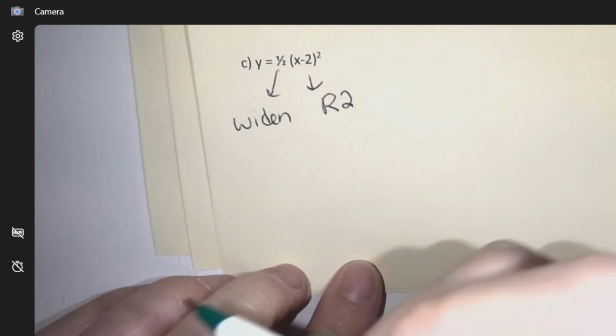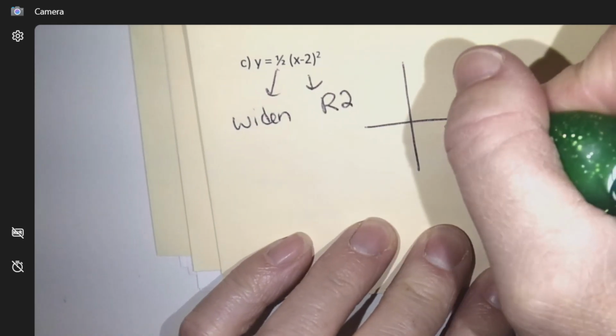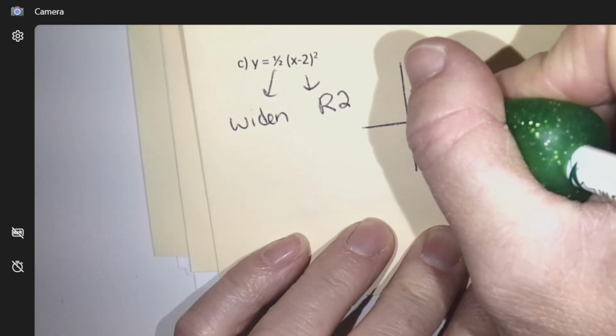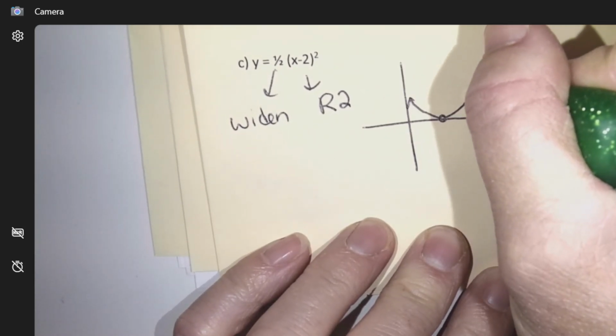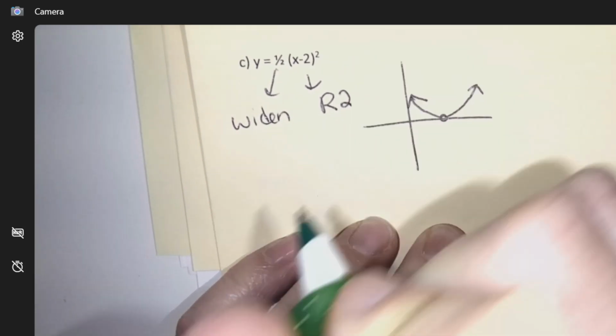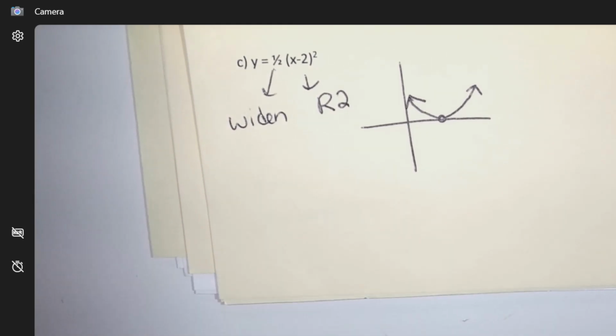Did you get that? So if you're a visual connector, this is what's happening. It has moved right, and then the arms of it go wider than normal.